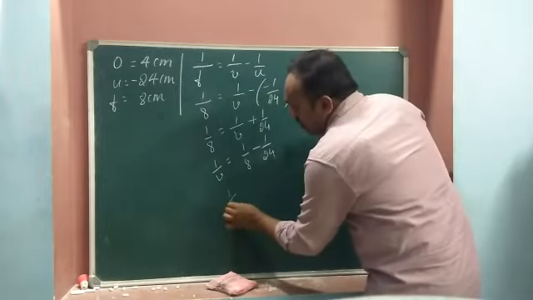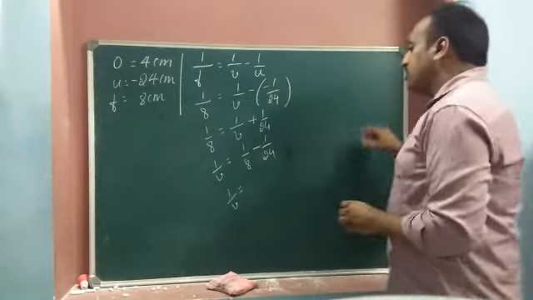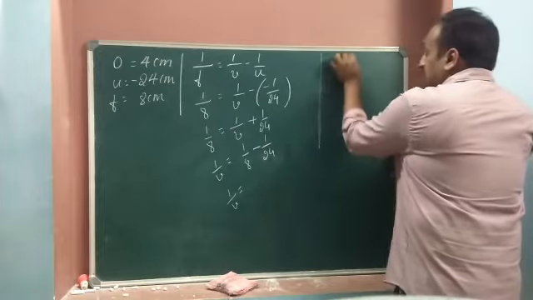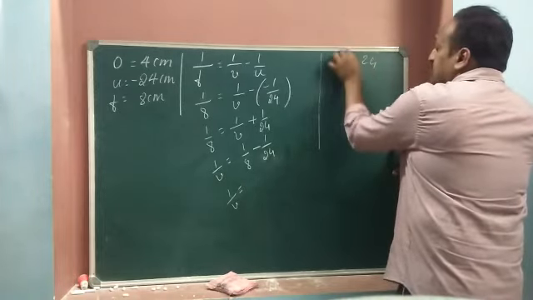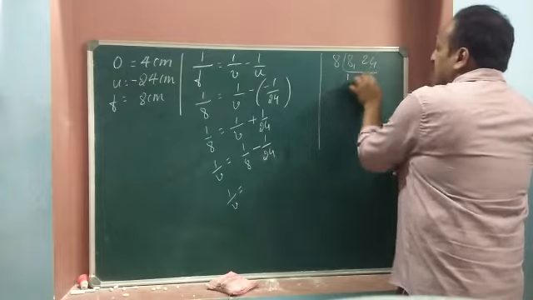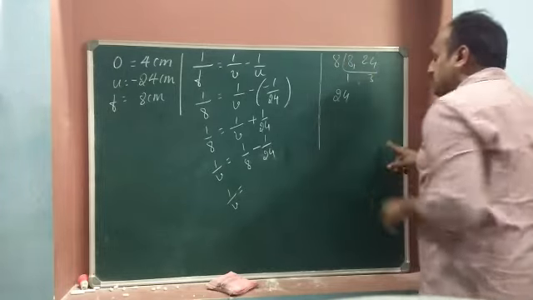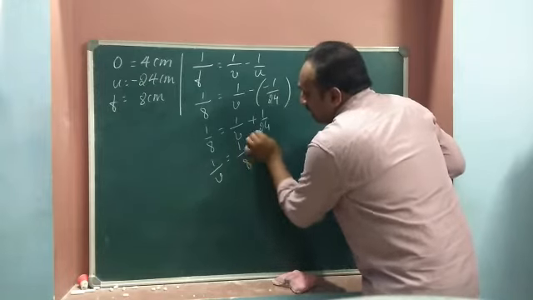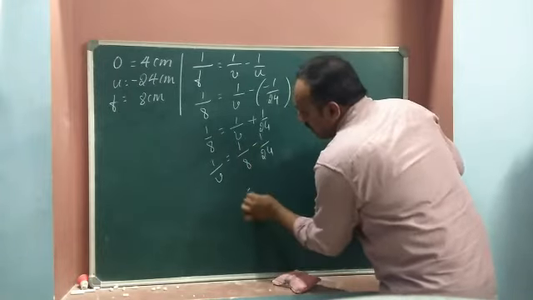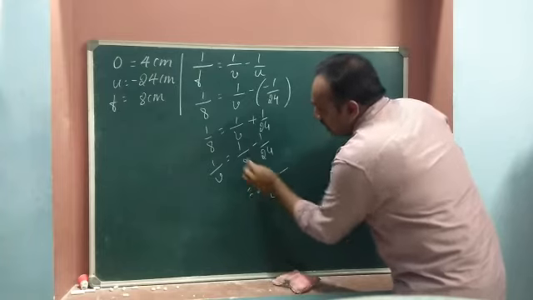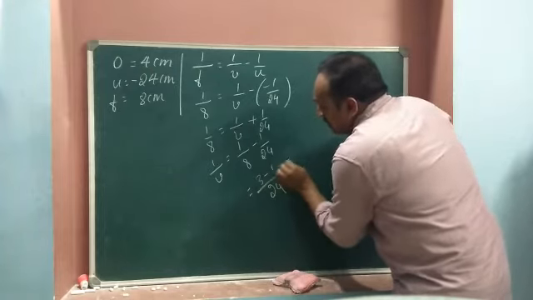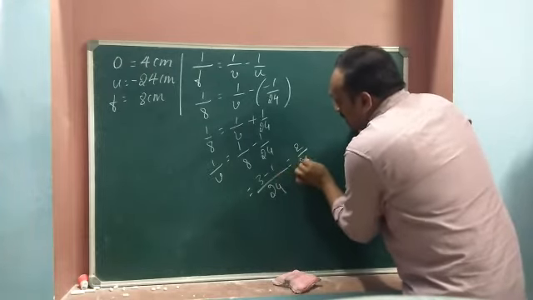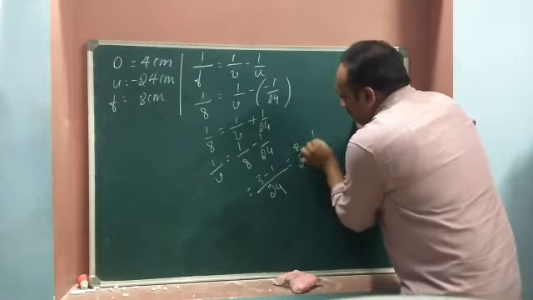The LCM of 8 and 24 is 24. So 1 by V is equal to 3 minus 1, that is 2 by 24, nothing but 1 by 12.